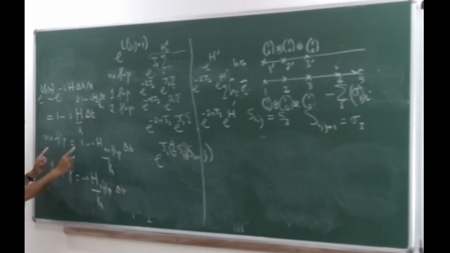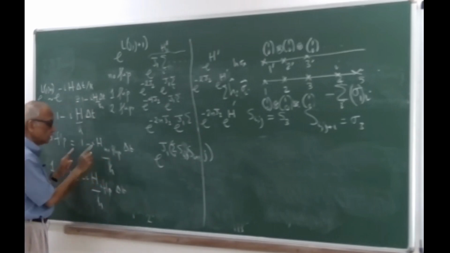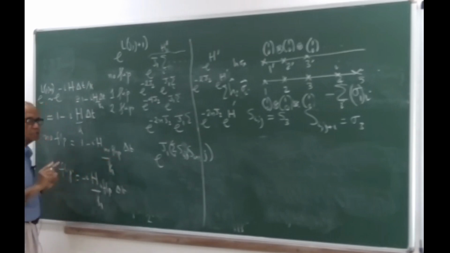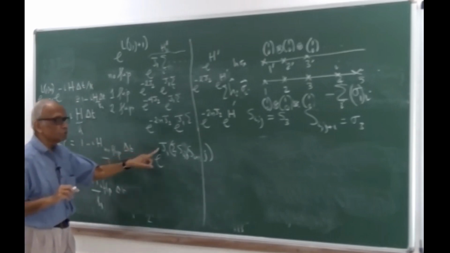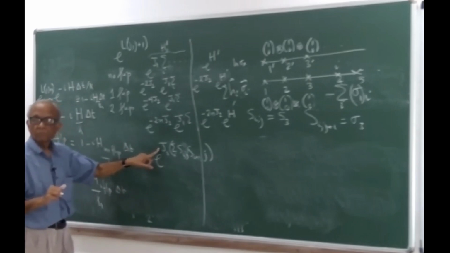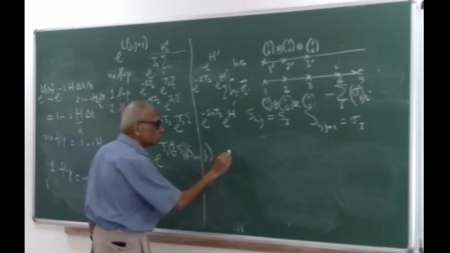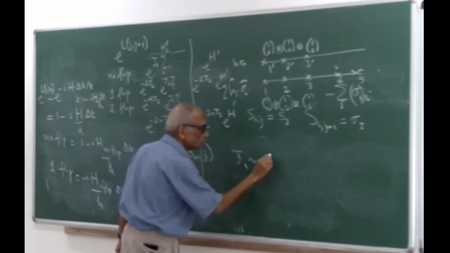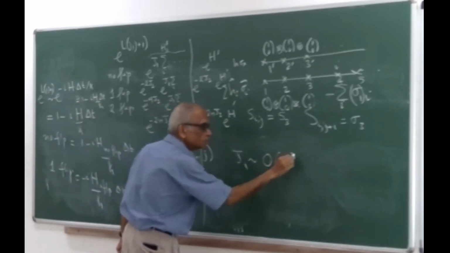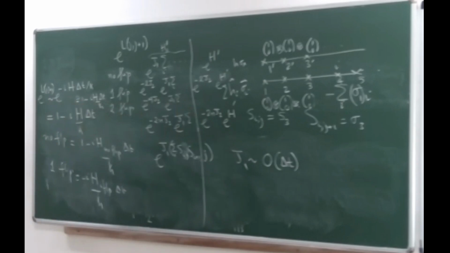The no flip has to look like this, that it is 1 minus this. Only way it can do it is if J1 is small. Yes. So the only way this correspondence works is J1 is of the order of delta T. Right?